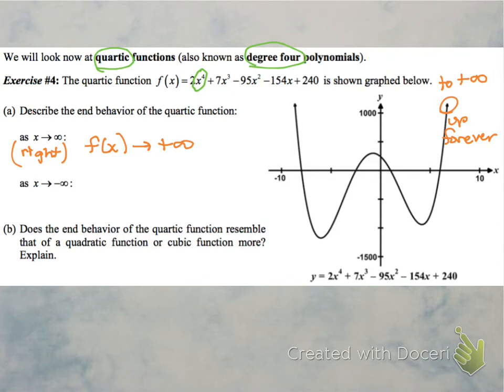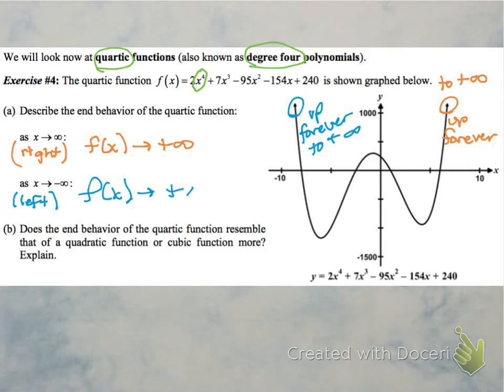As x goes to negative infinity, which is going to the left on the left-hand side of the graph, that's also going up forever to positive infinity. So f of x is going to positive infinity.